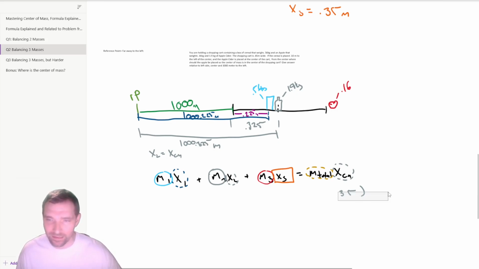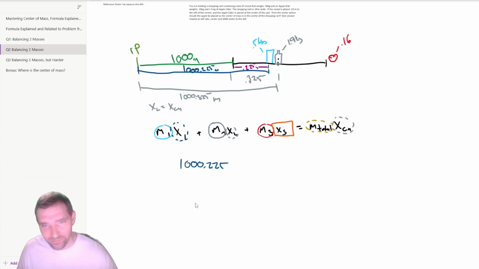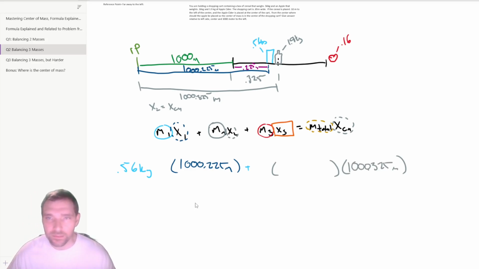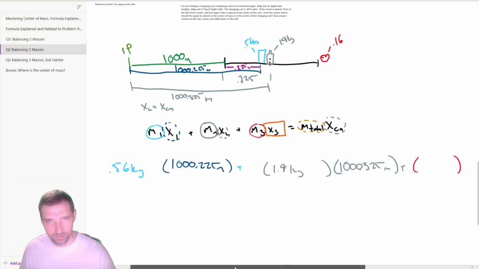So it is a little bit weird to do it with such a big number here, but it should work out. So we've got our 1,000.225 meters times our mass of 0.56 kilograms, and then that's going to be added to this mass times its displacement. And I believe that that mass was the 1.9 kilograms. And then we're going to have our last mass with the unknown displacement.